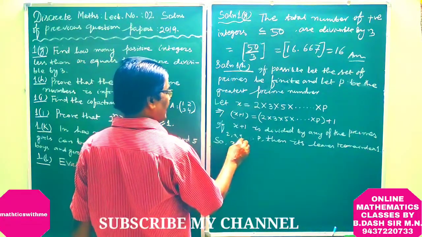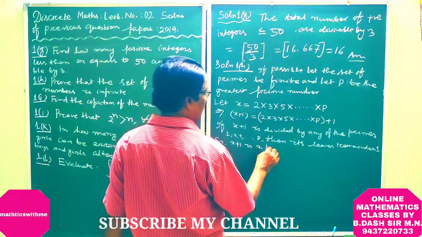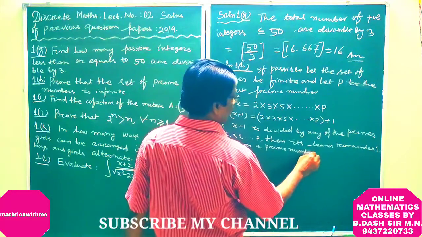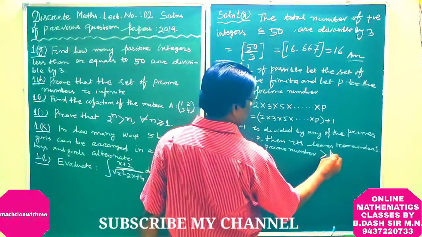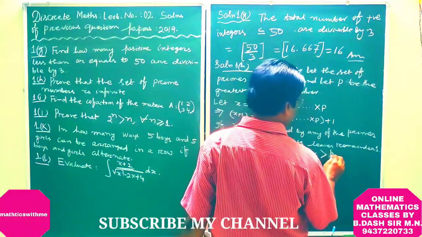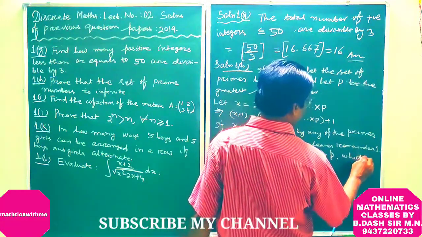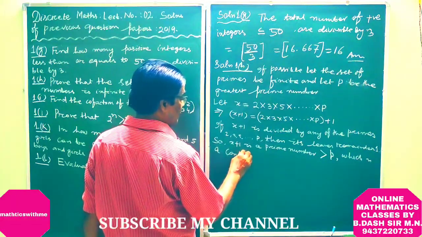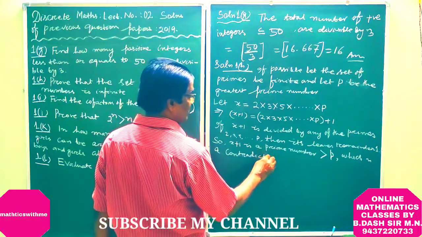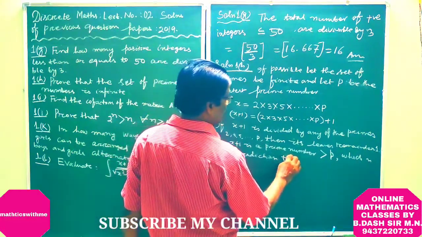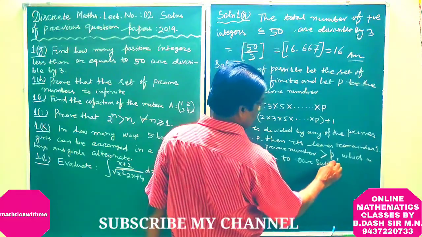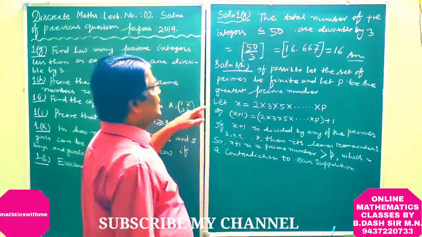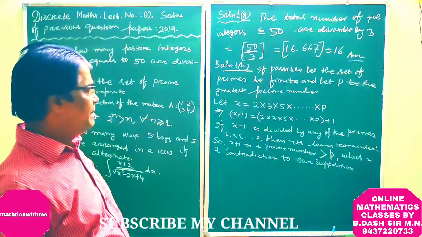So X plus 1 is a prime number greater than P, which is a contradiction to our supposition, because we have taken P as the greatest prime number.